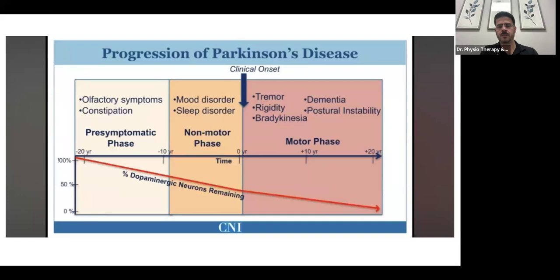So either the Parkinson's is real, or you have Parkinsonism, meaning you don't have all the features that Parkinson's requires. However, there are some features that can be related to it, and that's why they don't close the diagnosis yet. They call it Parkinsonism, okay?